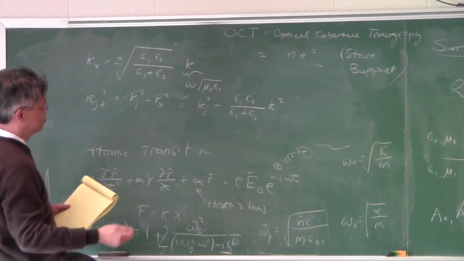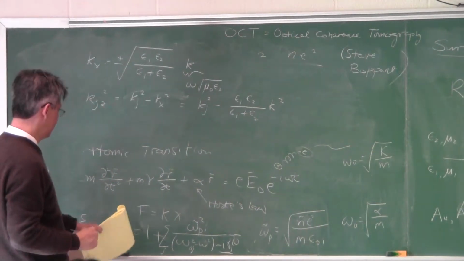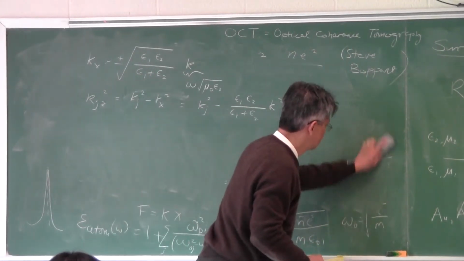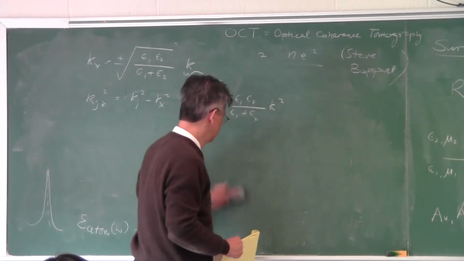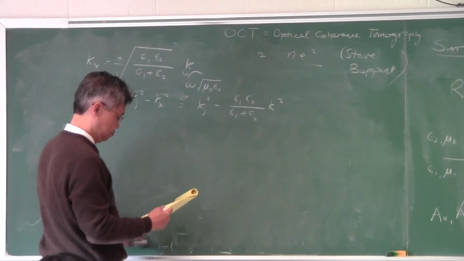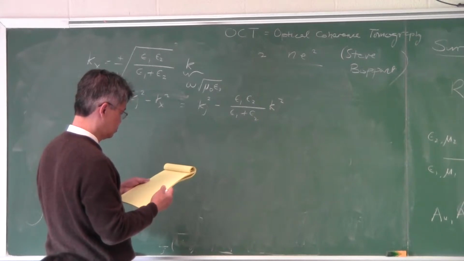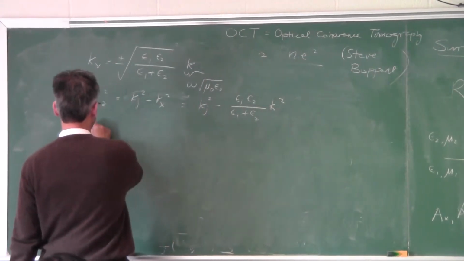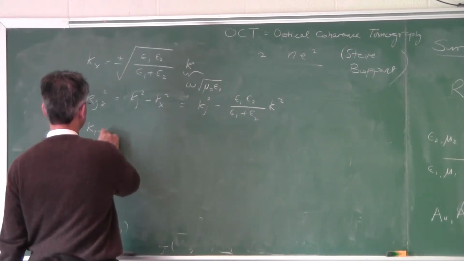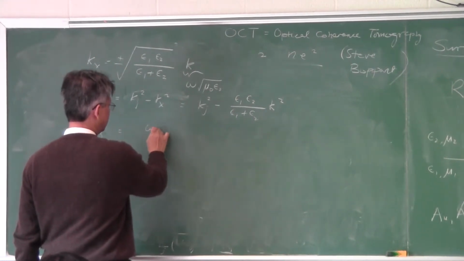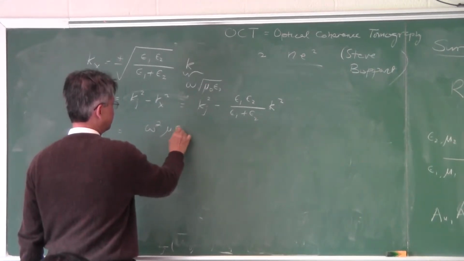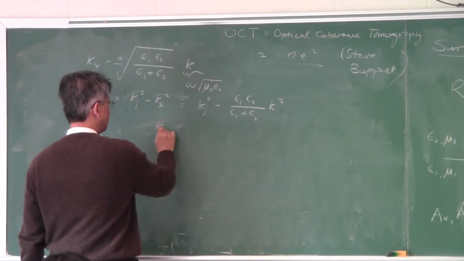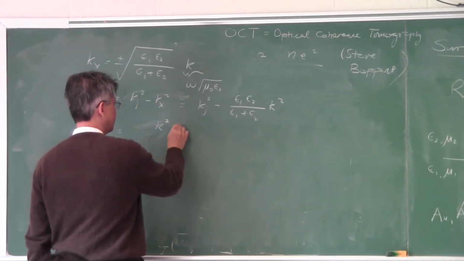K squared is just omega squared mu epsilon. So if this is k1z squared, this would be omega squared mu epsilon 1, or k squared epsilon 1.